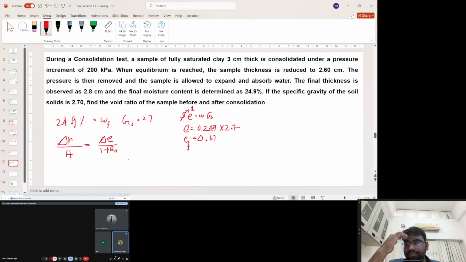So delta H is going to be 2.8 minus 2.6 divided by 2.6, is equal to delta e, final minus initial. So final will be 0.67 minus e, divided by 1 plus 0.67.